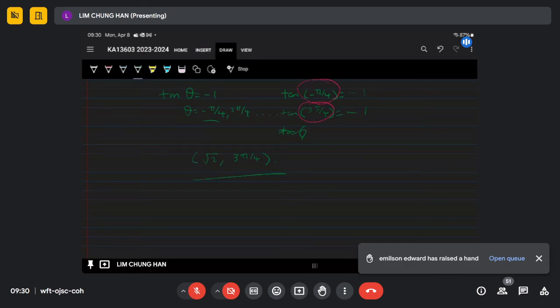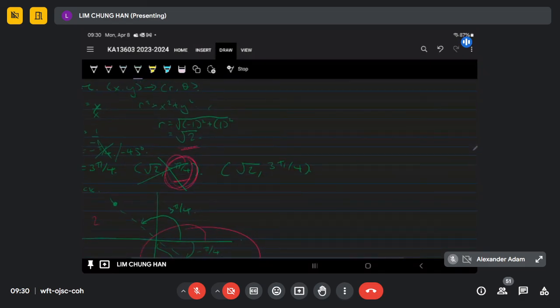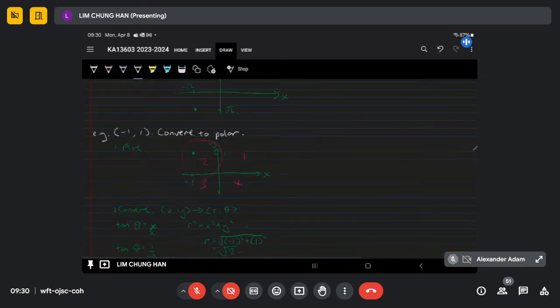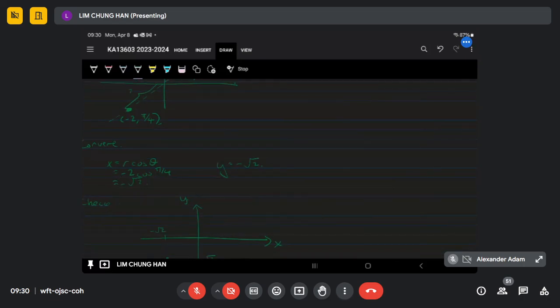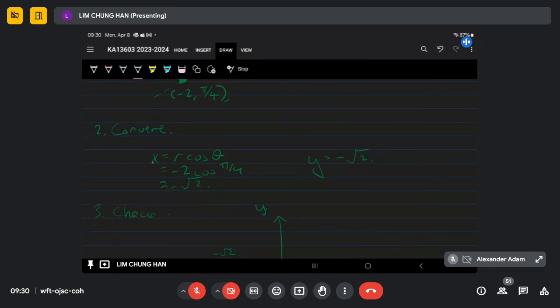Does everyone understand? No questions? Doctor, yes. Is it only tangent that has many possible answers, or do sin and cos also work the same way? Actually, for x and y, when you say sine and cosine, you don't have that problem, because when you go back to the previous question, you are looking for x.